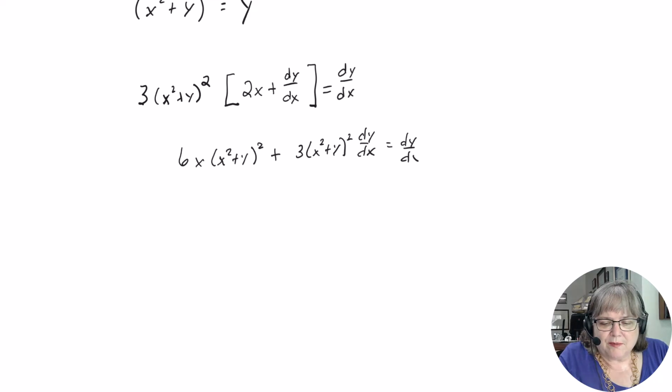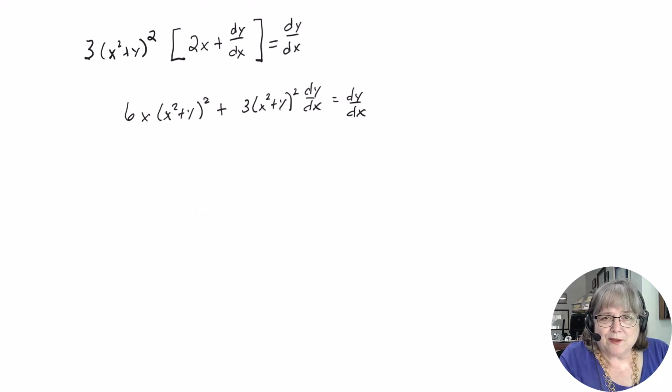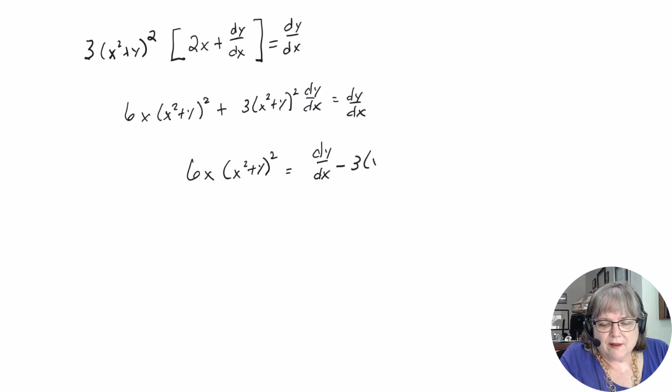I'm just arbitrarily choosing to put them on the left, because you don't always have to put the dy's on the right. You don't always have to put them on the left. So I'm going to leave these alone, and I'll have dy dx minus 3 times (x squared plus y) quantity squared, dy dx.